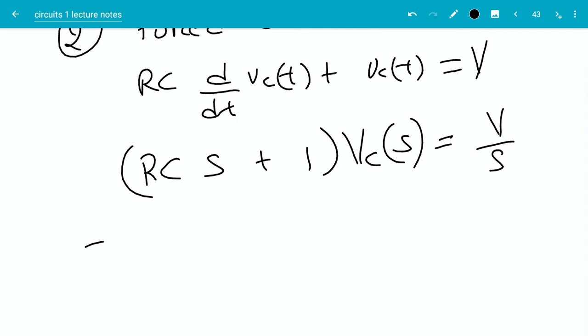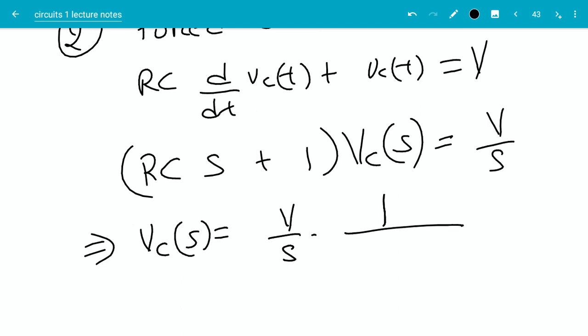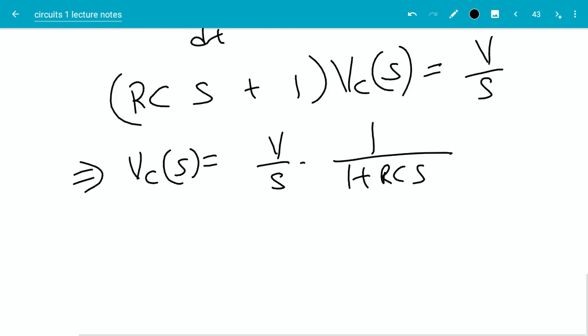So this means my Vc of S would be equal to V over S times 1 over 1 plus RC times S. Then I can write the right hand side as a sum of two fractions.